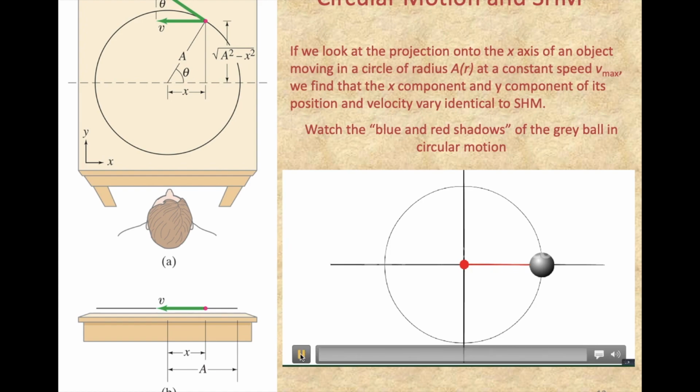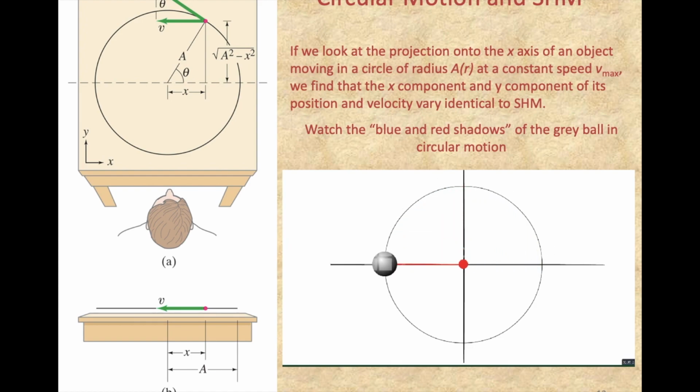Let's watch this one more time. And as you watch, you probably realize that both the red and the blue balls are performing simple harmonic motion. So this was to give you an idea of how circular motion and simple harmonic motion are linked.